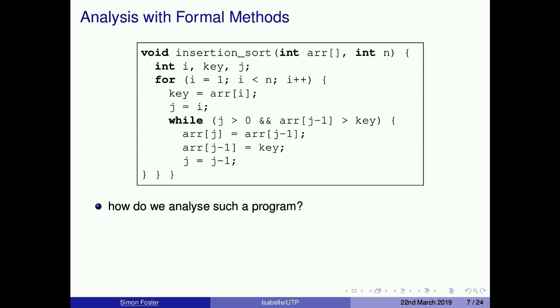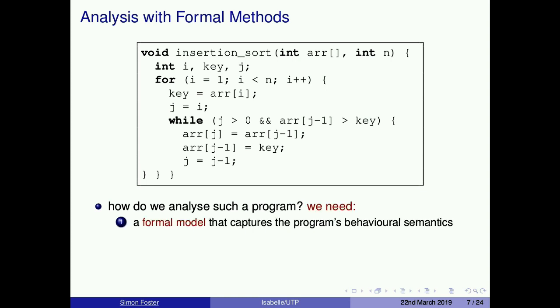So there's a lot of different components that we need actually, but fundamentally, we're going to need a formal model, so formal semantics, as Jakub said, that captures the program's behavioral semantics. So we're going to need to model this program somehow as a mathematical object so that we can then manipulate it using mathematics, ask questions of it, and hopefully verify properties of it.